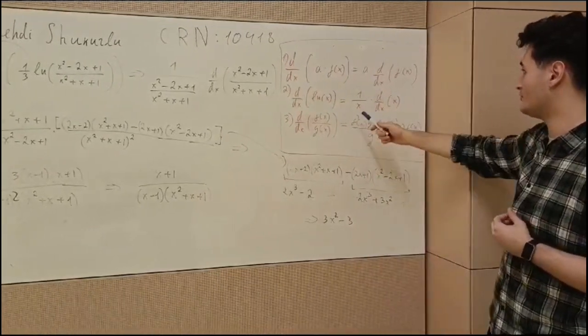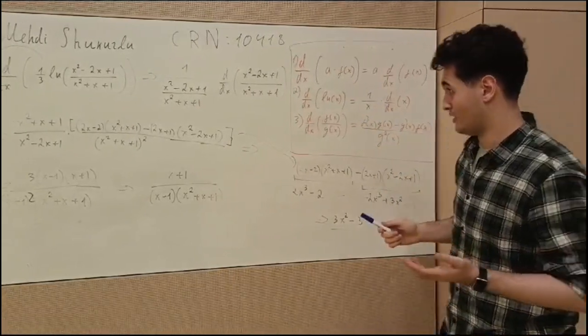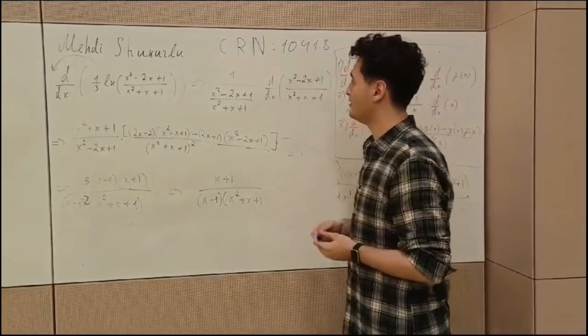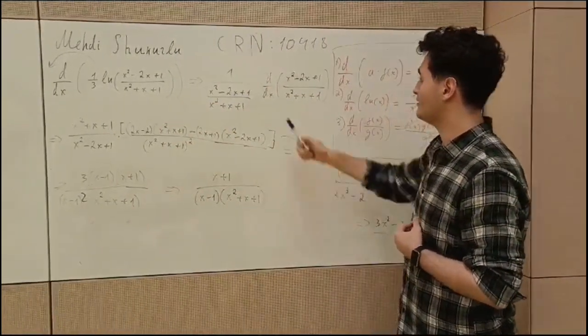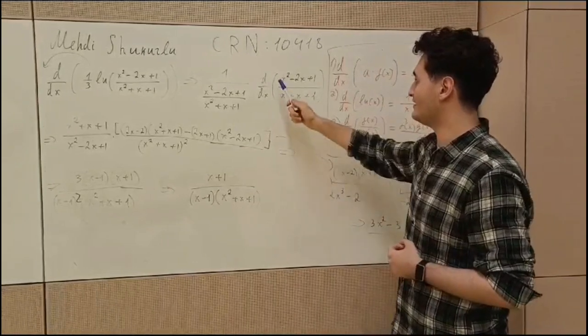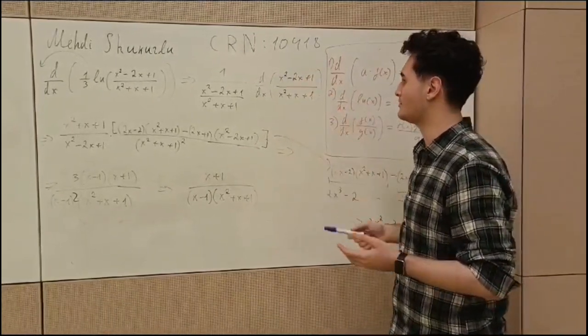So if we apply this rule here, we do 1 over our parameter, and then multiply by dx, the derivative of the original parameter.